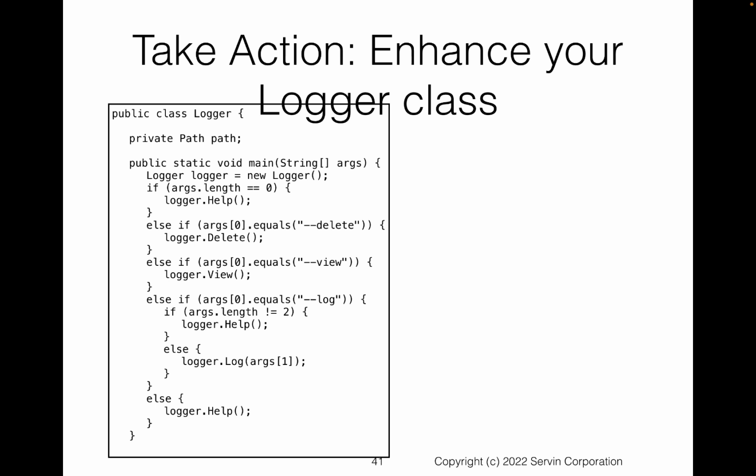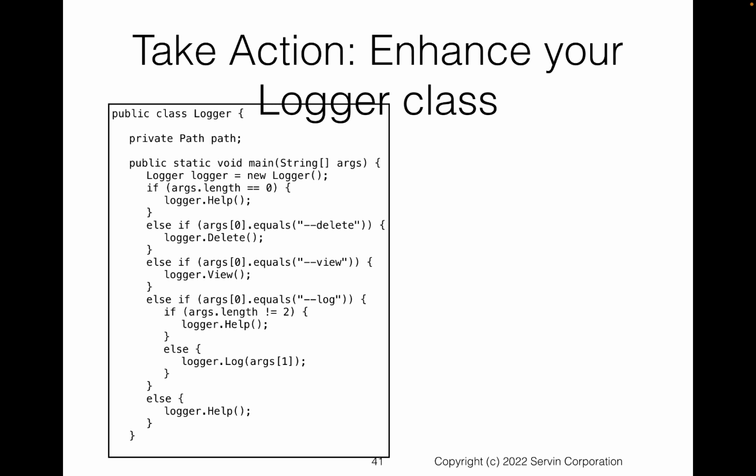So if you are asking for us to delete the file, then we do logger.delete, which we had written earlier and tested earlier. Else, if the args[0] equals --view, then we call the logger.view.